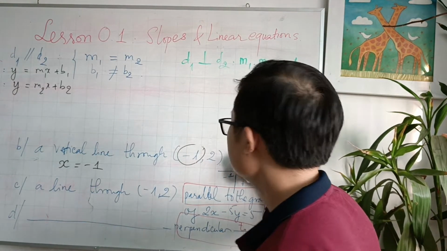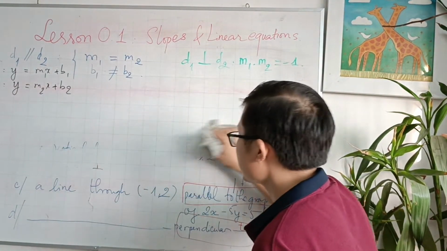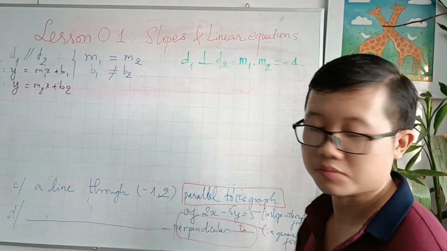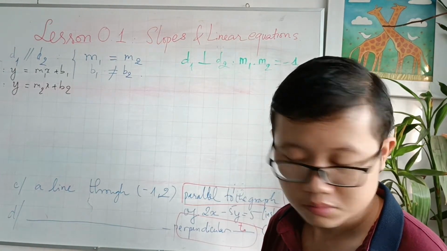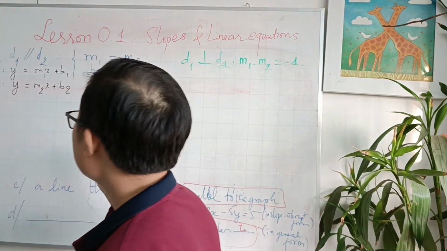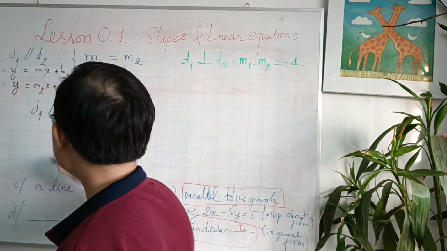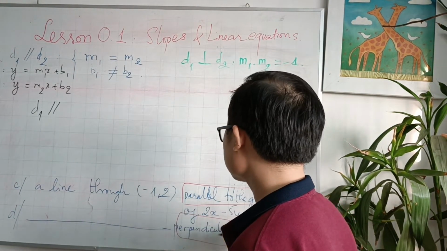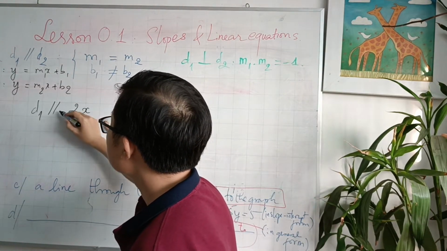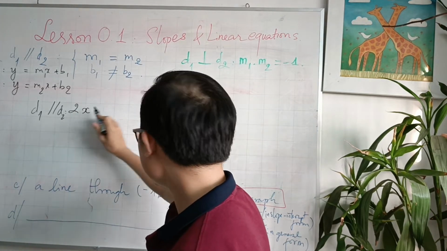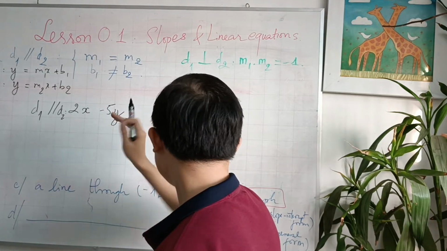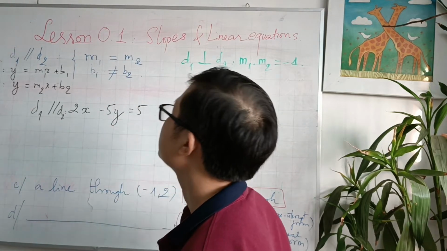Okay, I clear question B to have more space to do C and D. So we have D1 parallel to D2: 2x minus 5y equals 5.